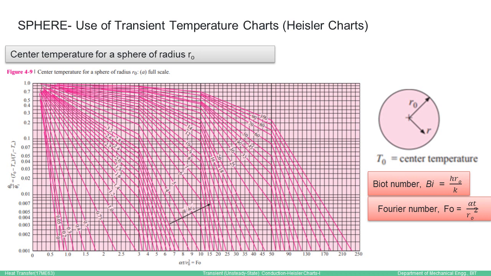Now T naught is the center temperature of the sphere, and the Biot number becomes h r naught by k, where r naught is the outer radius of the sphere, and the Fourier number is alpha t divided by r naught square. You can find theta naught by theta I, hence T naught, the center temperature of the sphere, can be found using this chart.